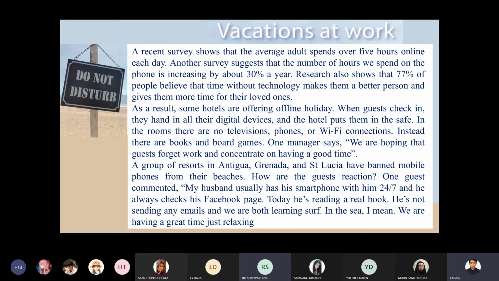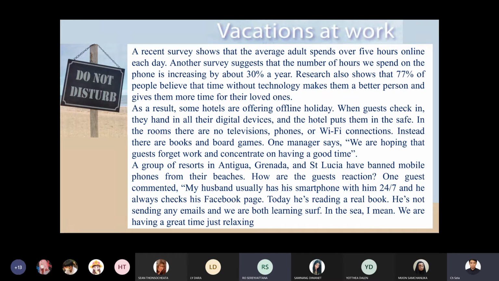Research also showed that 21% of people believe that time without technology makes them a better person and gives them more time for their loved ones. As a result, some hotels are offering offline holidays. When guests check in, they hand in all their digital devices and the hotel puts them in the safe.